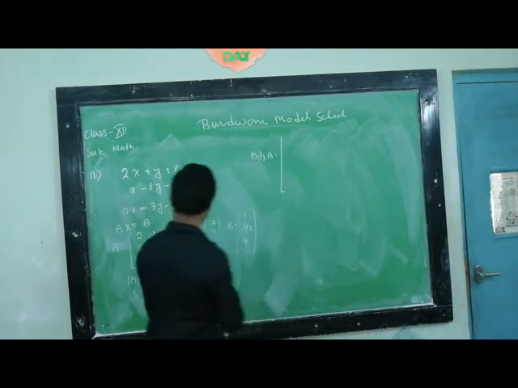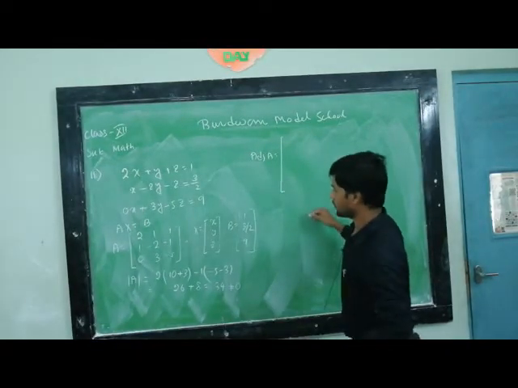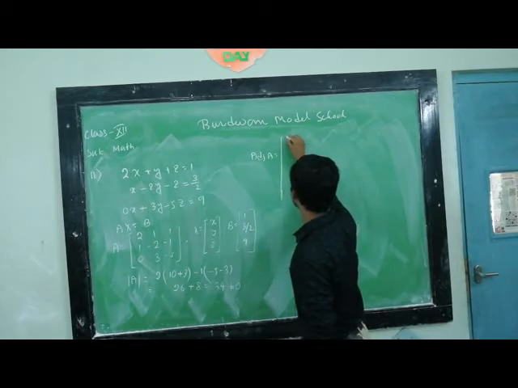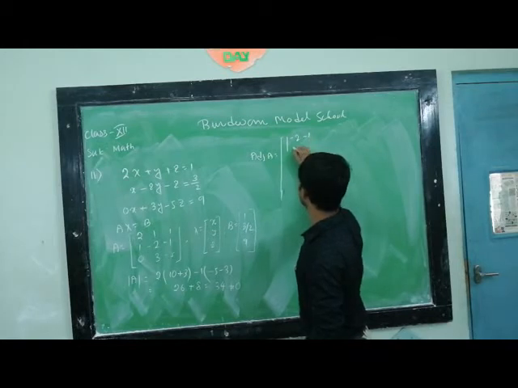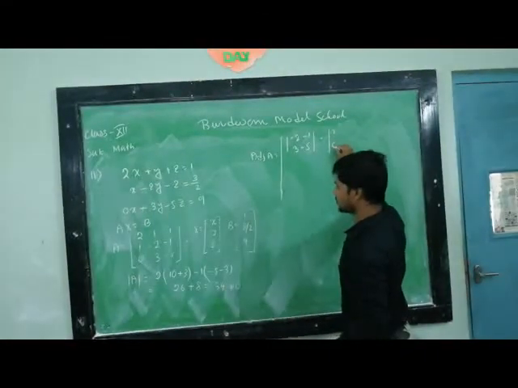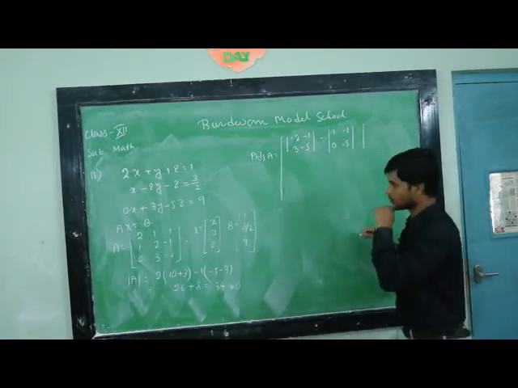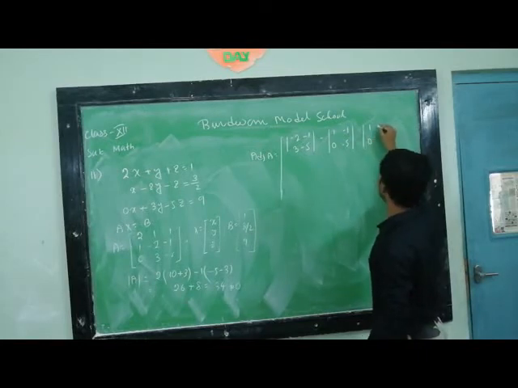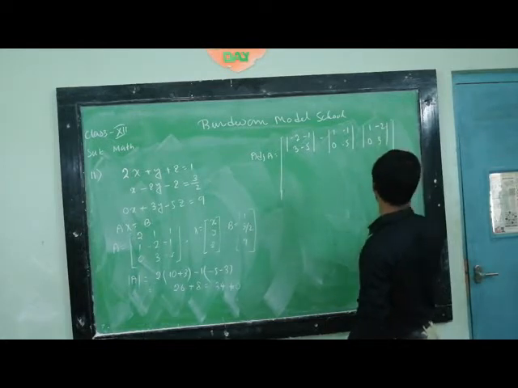So the adjoint of A will be equal to the determinant of (-2, -1, 3, -5), minus the determinant of (1, -1, 0, -5), and for the A13 element, (1, -2, 0, 3).